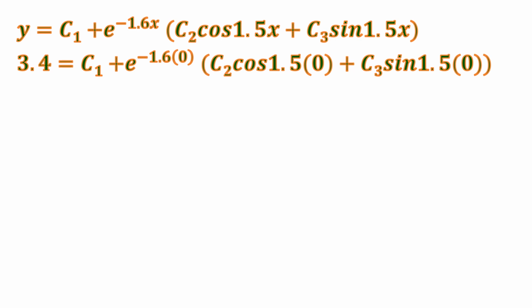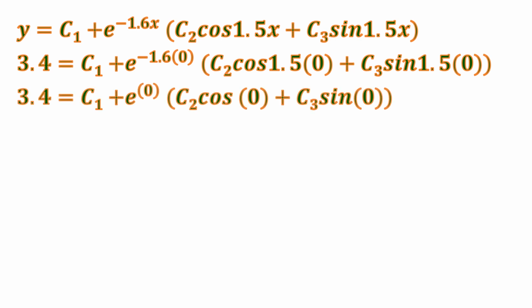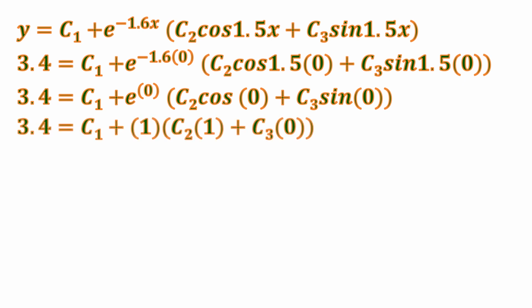It's given that when x is 0, y is 3.4. So substitute it all and simplify further. e raised to the negative 1.6 times 0 becomes e raised to the 0. And cosine of 1.5 times 0 becomes cosine 0, the same as for the sine. Then e raised to the 0 is 1, cosine of 0 is 1, and sine of 0 is 0.